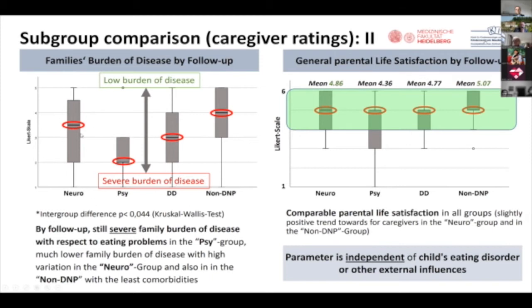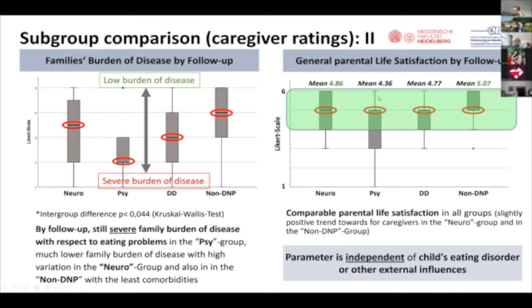And as you see, the burden of disease was about in the mid-range. You see a large variability in the neuro group, but you see also there are quite a lot of parents who experience a fairly low burden of disease concerning the eating. So they had solved something with their children. They had arranged something so that they could manage to some extent. And of course, this was the best group, with the least comorbidities.